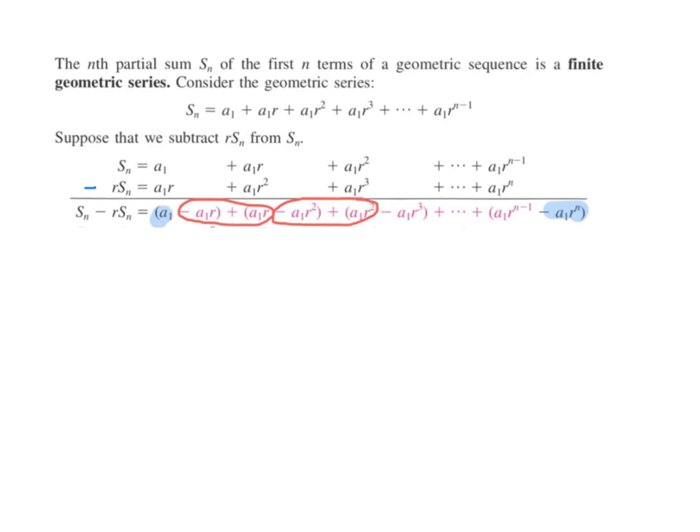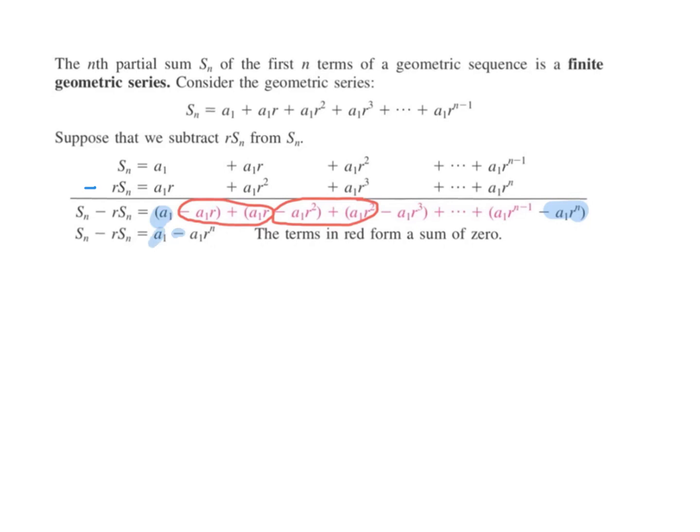So notice here in the middle that I have a minus a sub 1 r and a plus a sub 1 r. And then a minus a sub 1 r squared and a plus a sub 1 r squared. So basically everything in the middle is going to cancel, except I'm going to have this leftover term and this leftover term. All right, so this is a sub 1. This is what's in blue.